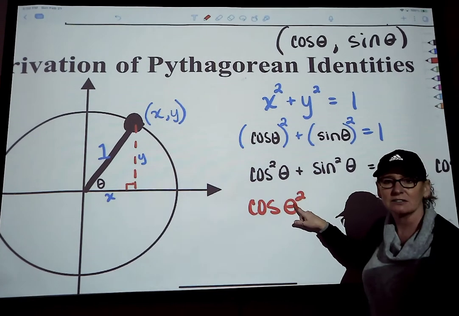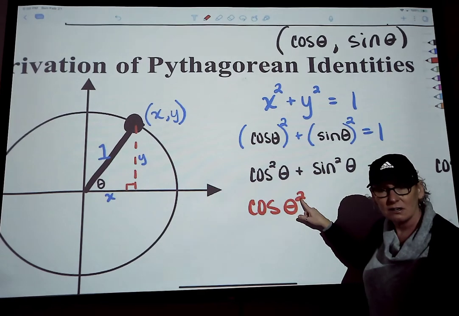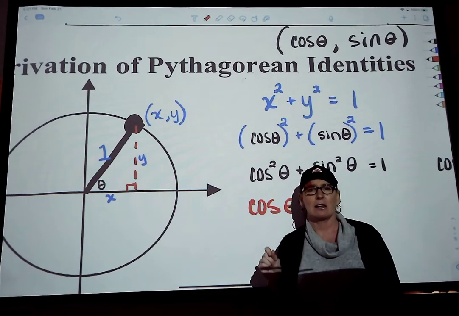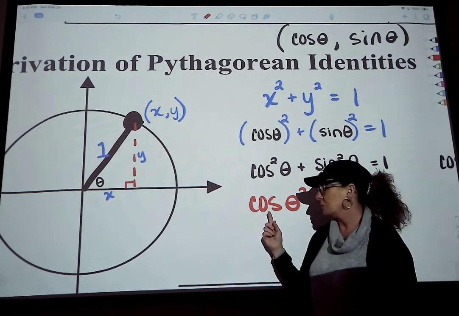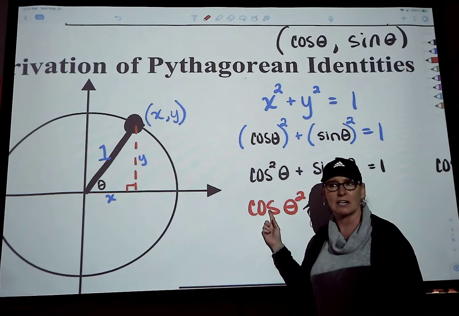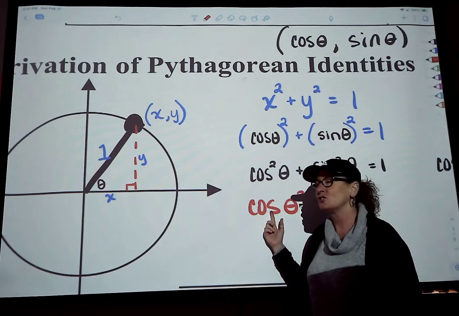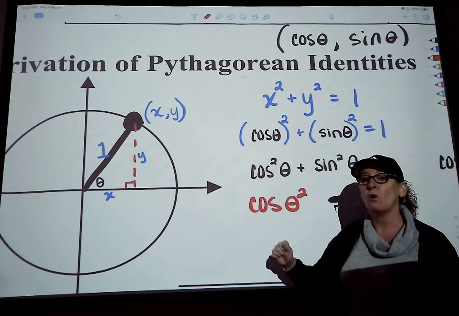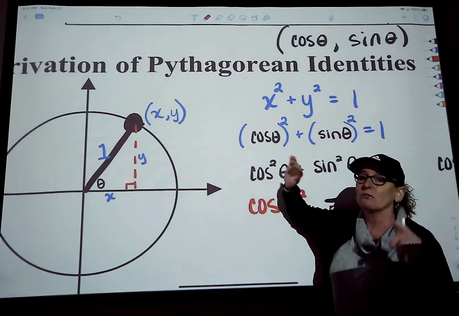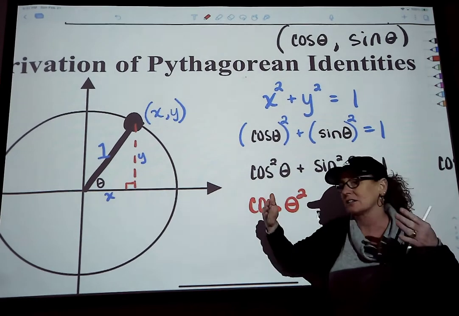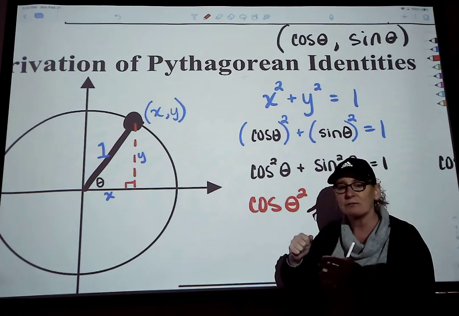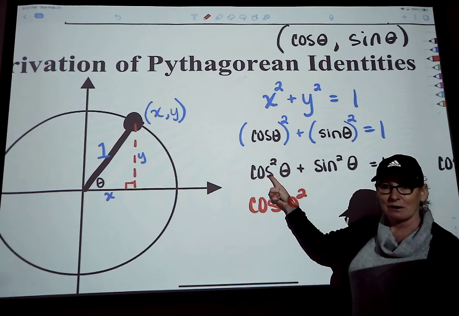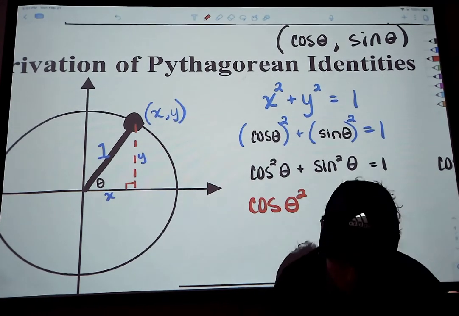Whatever your angle is, square it. Really? You want me to take a 60-degree angle and multiply it by another 60-degree angle, and then you want me to do cosine on a 3,600-degree angle? That is so wrong. So you may not write it like this. If you want to not use the parentheses as you're writing because it takes extra time, it's extra work you have to do with your pencil, oh, my fingers get so tired, then this is the way you have to write it, not like this, okay?